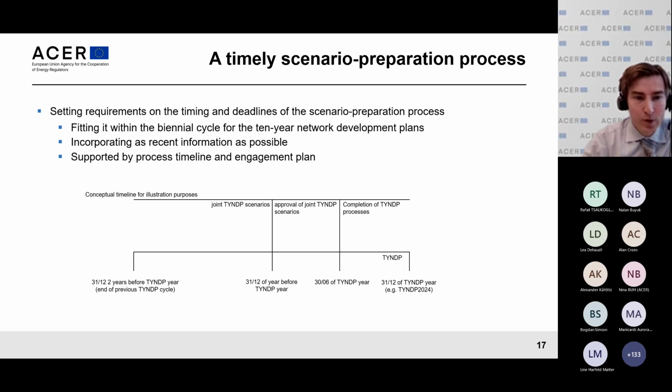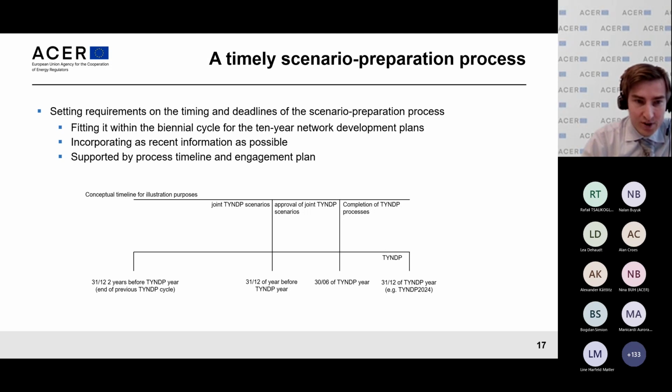But largely we believe that the scenarios should be delivered by the end of the year that precedes the publication of the TYNDP. So that means for TYNDP 2024, we would expect the scenarios at the end of the year 2023, as an example.